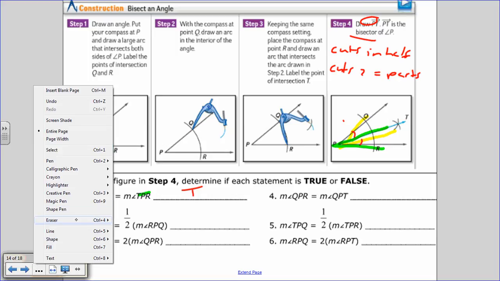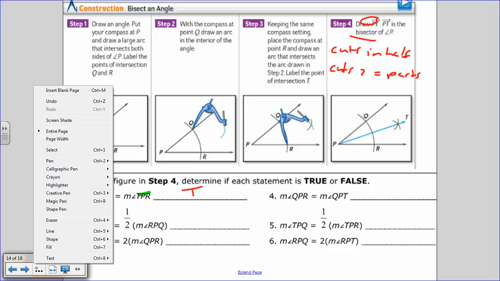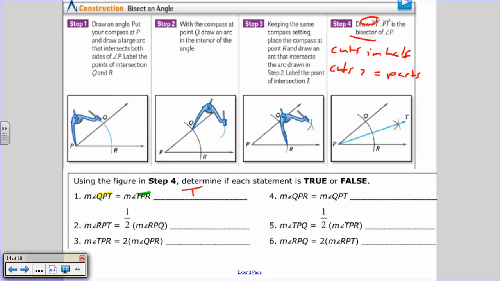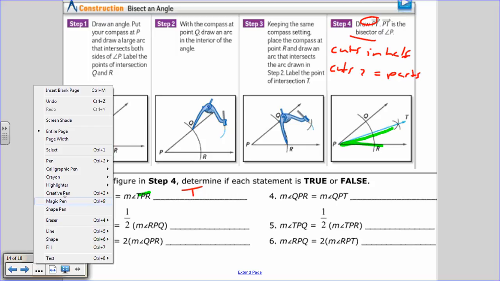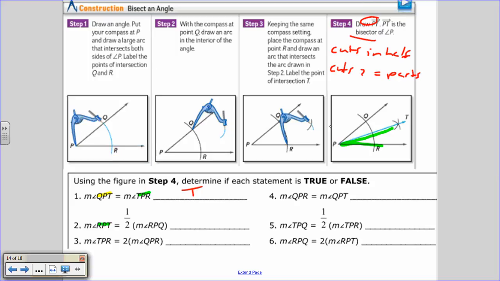All right. The next one, let's clear my screen. We're going to focus now on RPT and RPQ. RPQ.